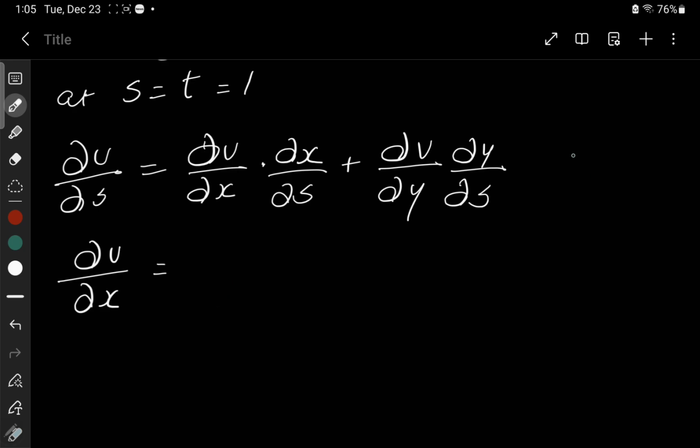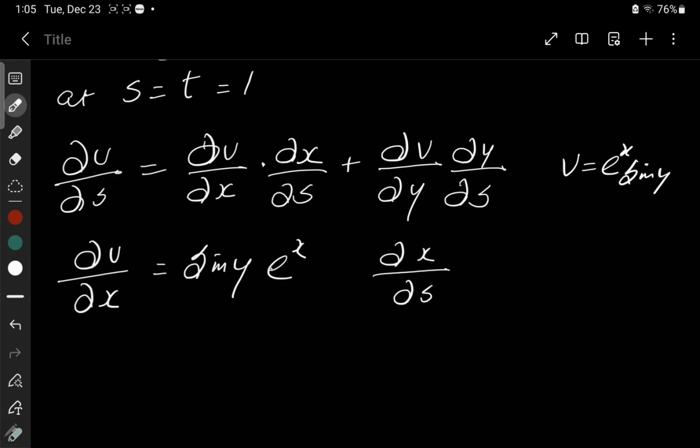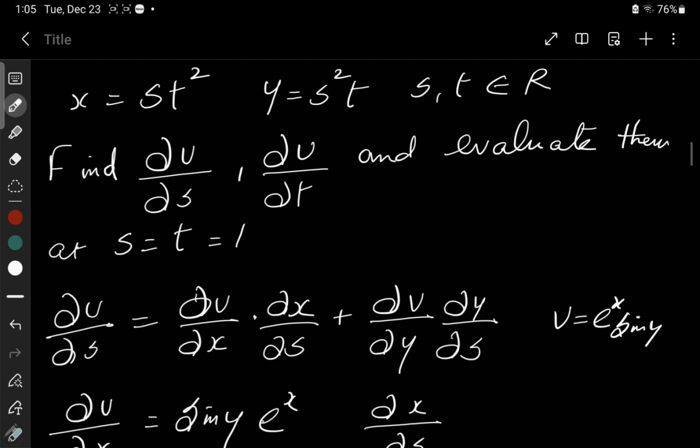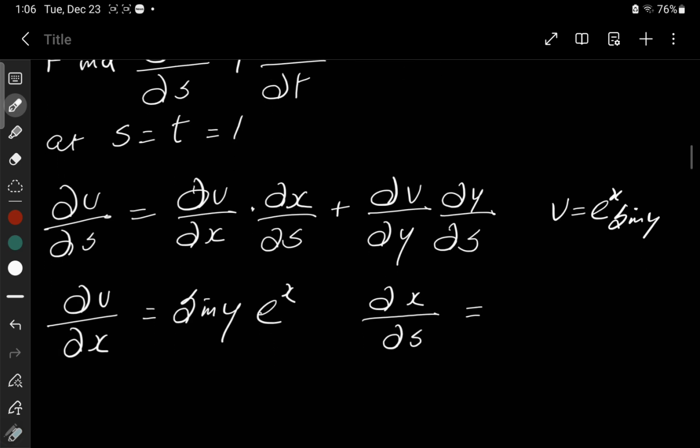Here, ∂u/∂x: u is e^x sin y. Sin y is constant. Differentiate e^x, you will get e^x. Then ∂x/∂s: x is s t², so t² is constant.